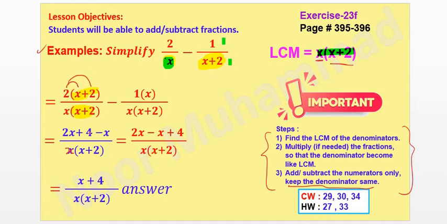So it is giving us 2x plus 4 and minus 1x times will be negative x. Then we will collect the like terms, so we have 2x and negative x, they are like terms, so we will put them together, and then positive 4 in the end. So 2x minus x will give us x plus 4, and this is the final answer.